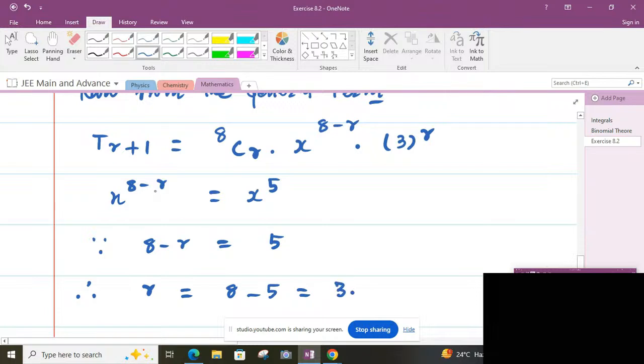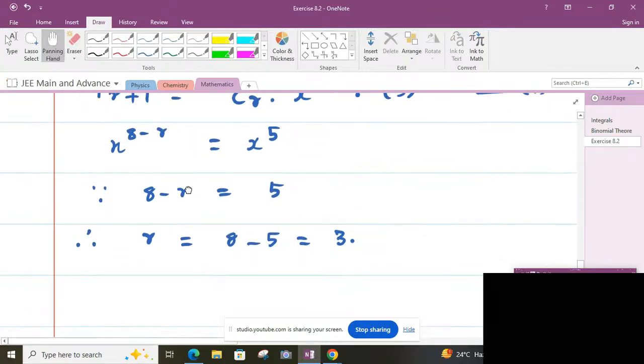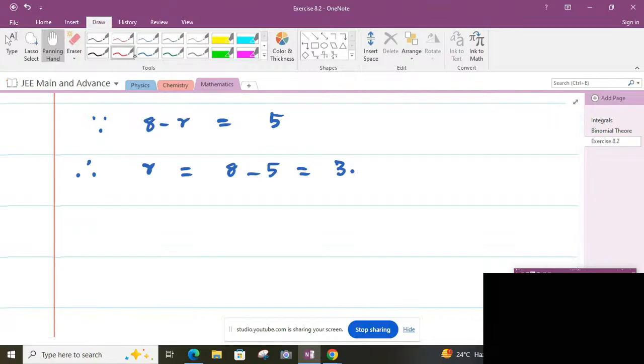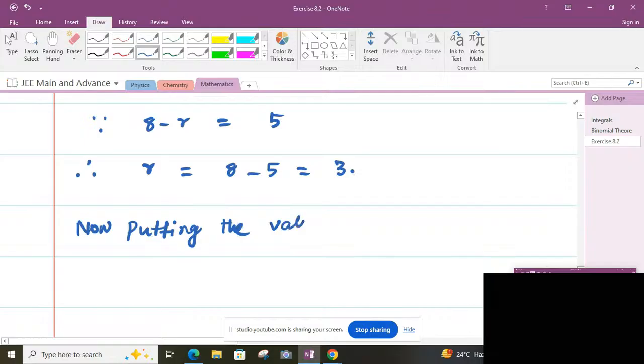So we put the value of r in the expression of the general term.